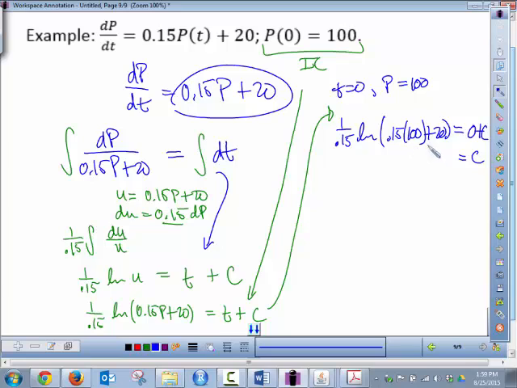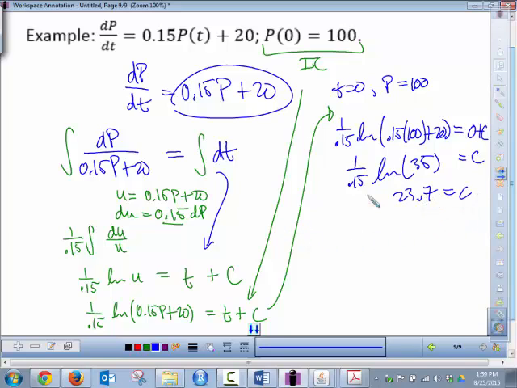So it looks like 15 plus 20 is what? I guess I just need to punch that in the calculator. So ln of 35 divided by 0.15 is, thank you, 23.7. I didn't have to pull out my calculator. Thanks, Elliot. So now I got my c, that's 23.7, and I just slowly peel that away.